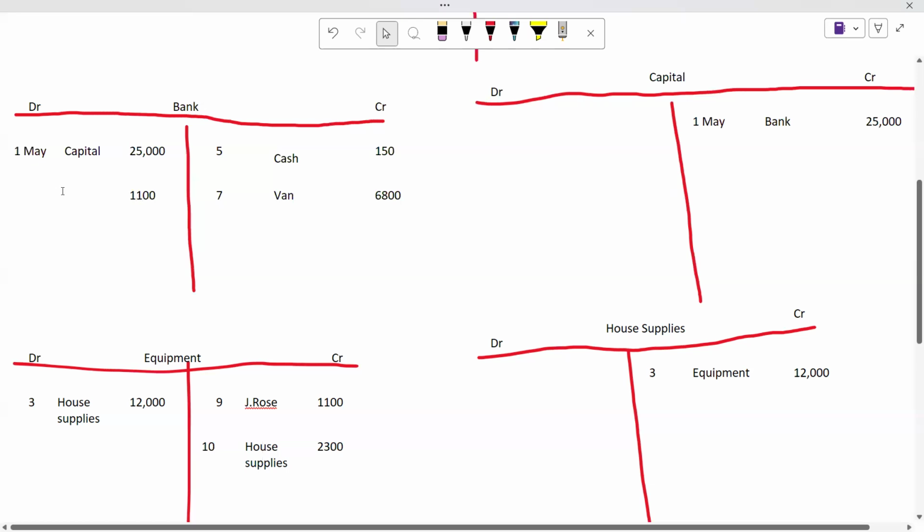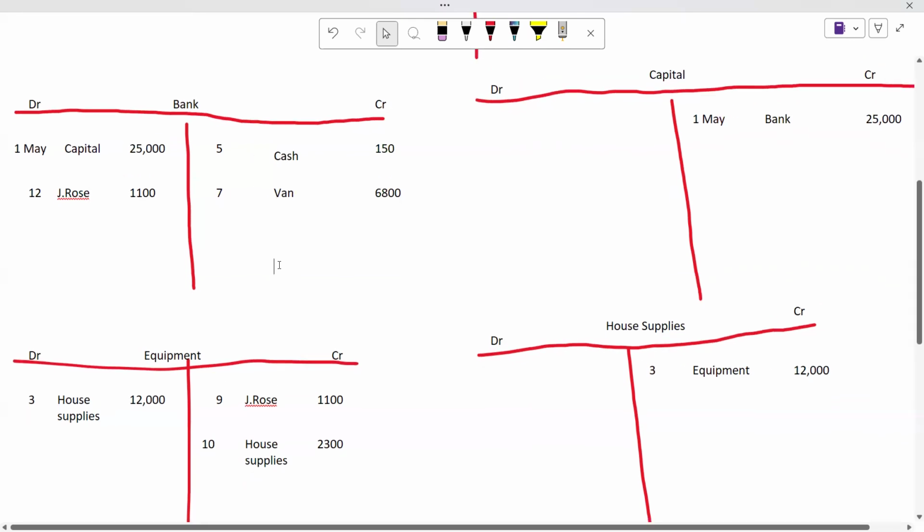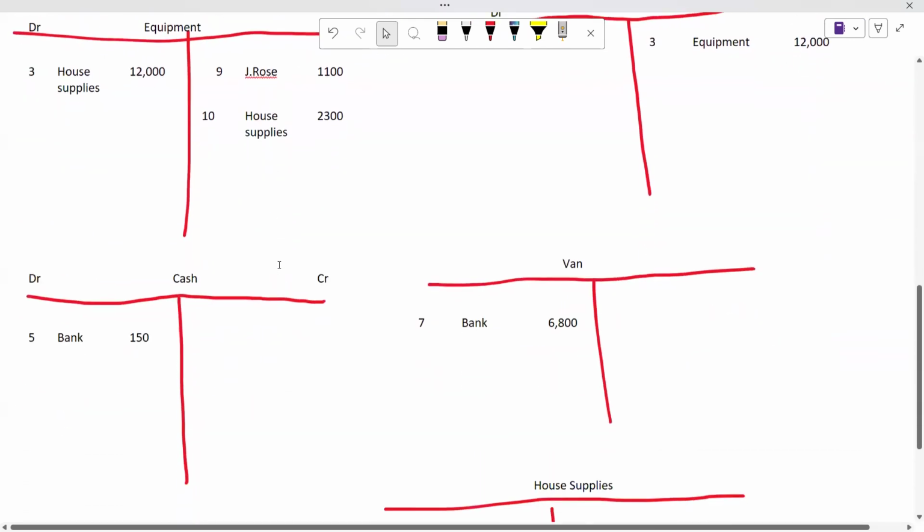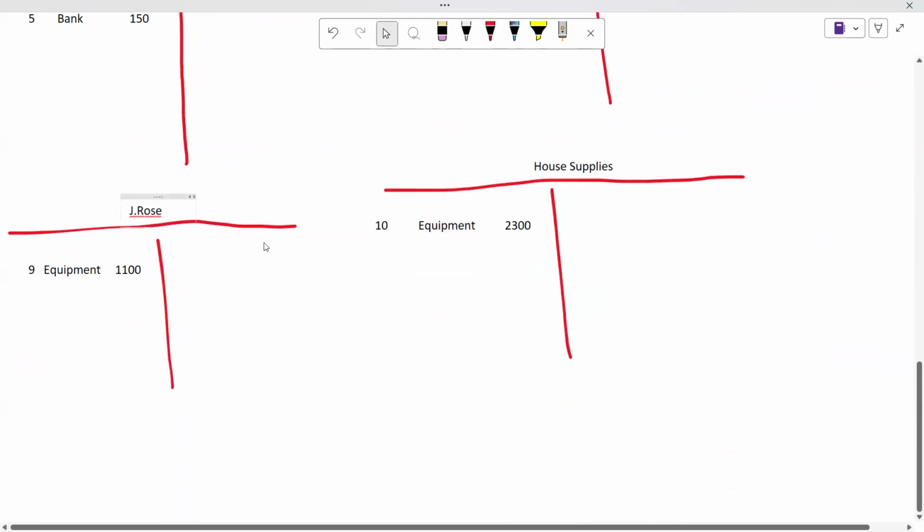All right, got it. I know how to solve the accounts, so I'm confident. Let's say it happened on 12th May. And then I think we also have an account for Joe's. Let's find out. Yeah, here. So now Joe's will be credited for 1,100, reason being the bank. It happened on, for instance, 12th May.